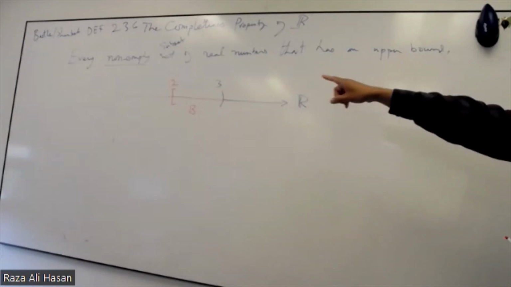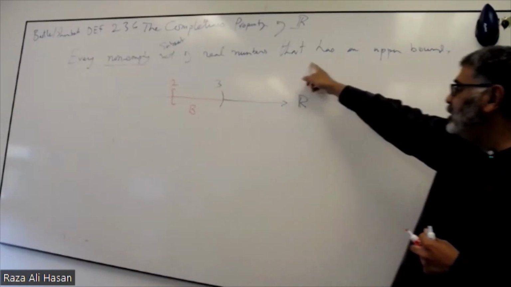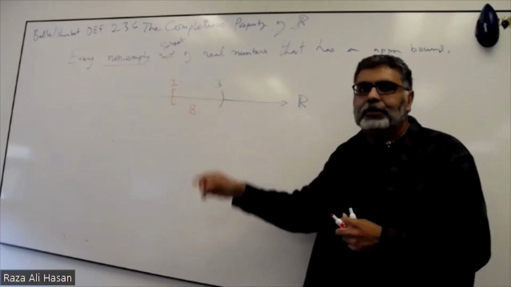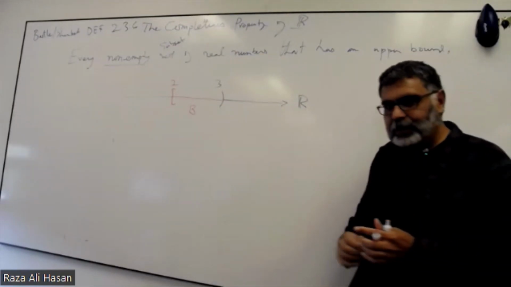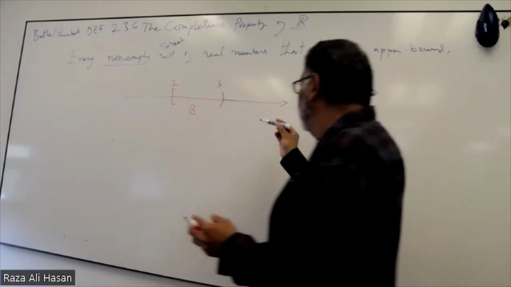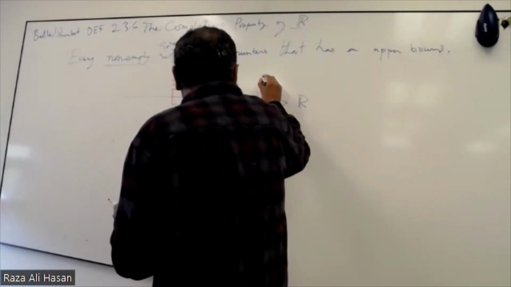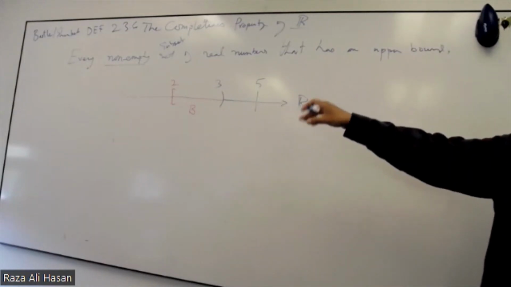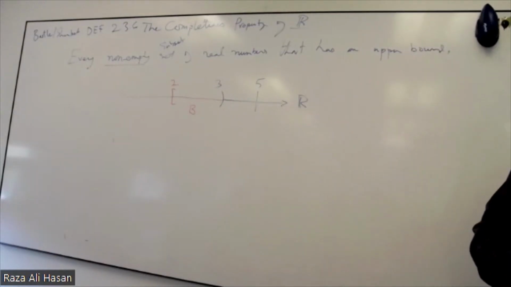Now what's the other condition? Every non-empty set of real numbers that has an upper bound. We need an upper bound. Do we have an upper bound right now? We have an upper bound called 3, but we could also put another here. Let's say 5 here. Is that an upper bound? We now have 2 upper bounds.